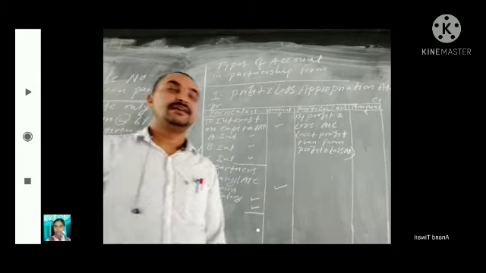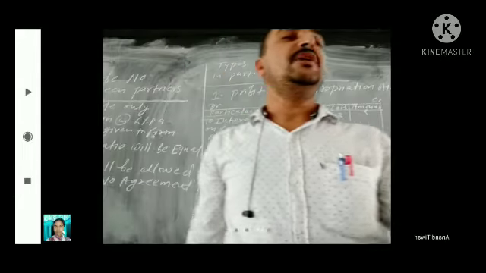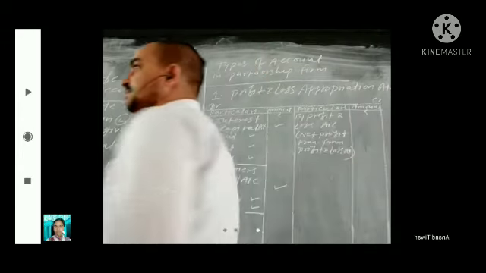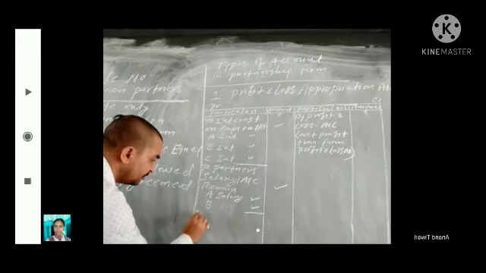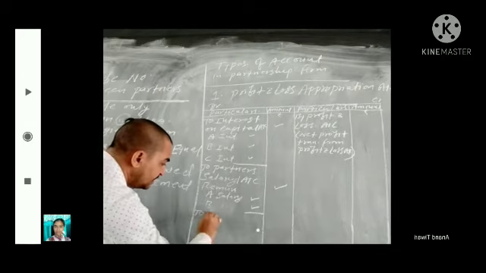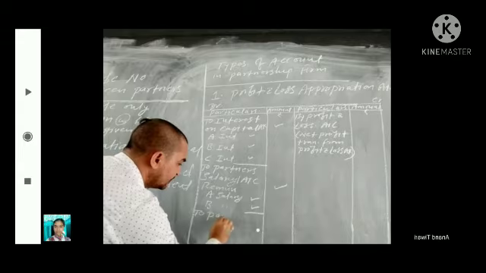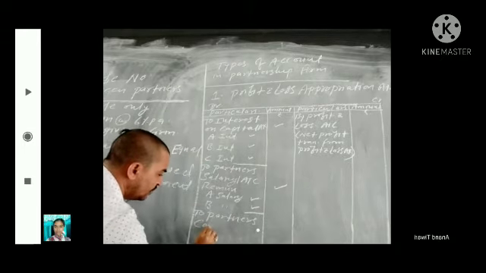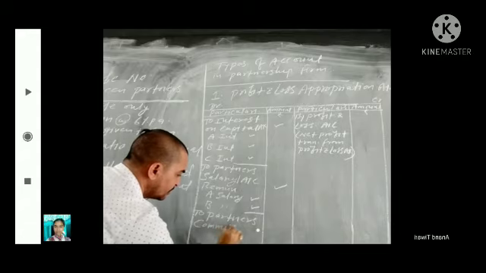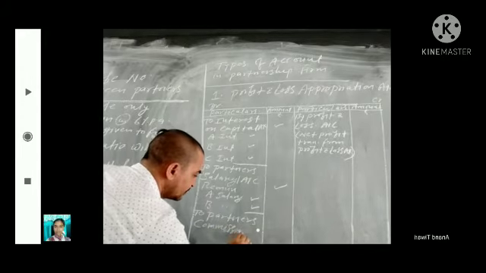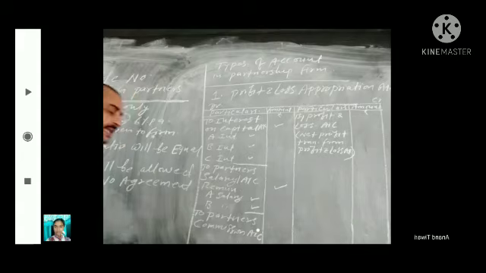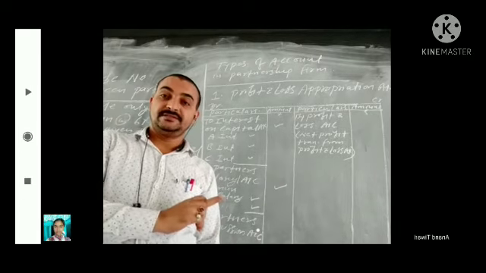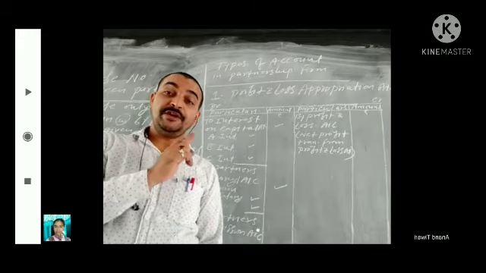Then what are the other items that you have to show here? To partners commission account. If any partner got commission and it was agreed, it means it should be in the agreement.